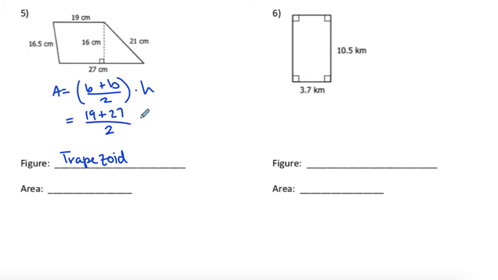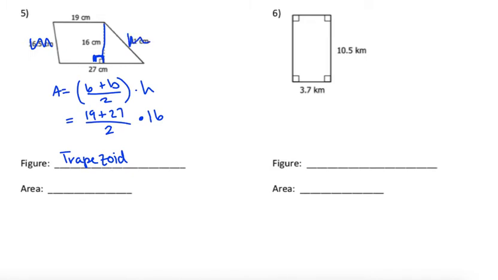Divide that by 2 and multiply by the height. We have 3 values here going base to base: 16.5, 16, and 21. We want to use the perpendicular height here, so we're going to multiply by 16 and not use these distractors, 21 or 16 and a half.